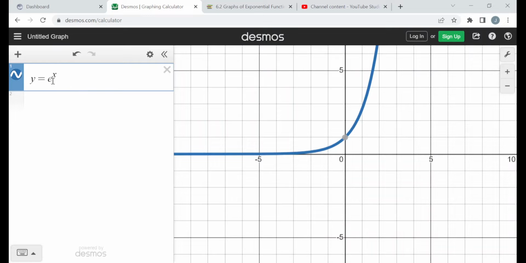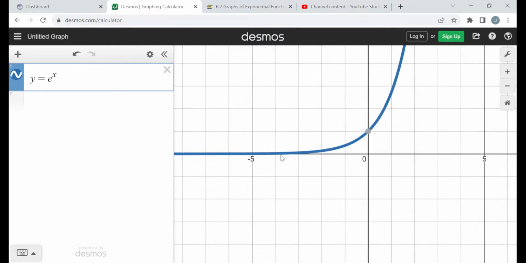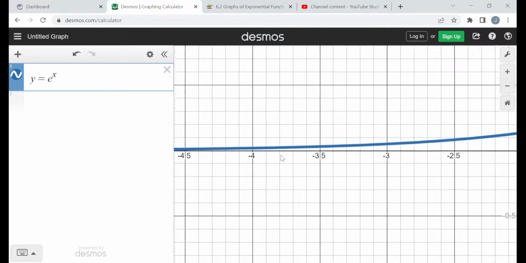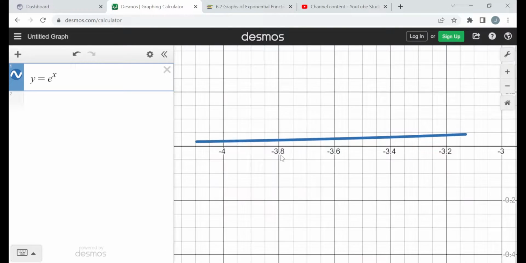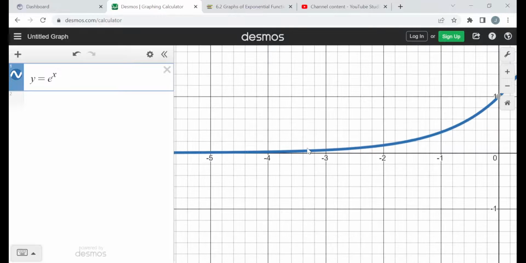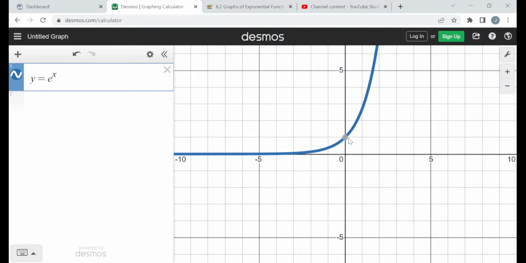And remember those basic parent exponential functions, the horizontal asymptote is the x-axis. The graph is approaching it. It looks like it's touching it, but if you zoom in close enough, the graph is not actually touching the x-axis ever. And it's got a y-intercept of (0, 1), and it's an increasing function.